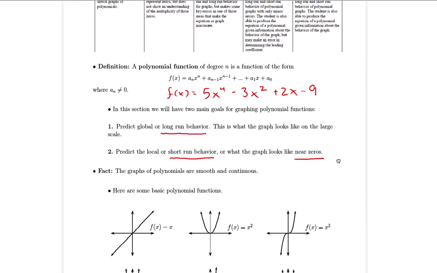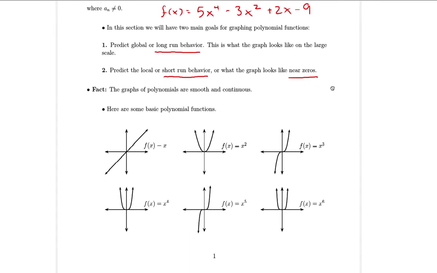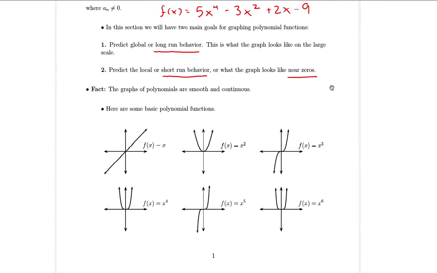All right, and to introduce this idea of long run behavior, what I've done is I've put all these different graphs here. First of all, if y equals x, then x squared, then x cubed, x to the 4th, x to the 5th, x to the 6th. Now we should start to see a pattern here.